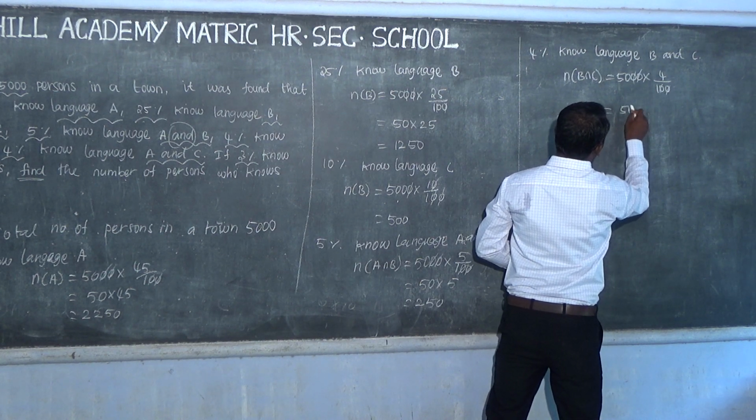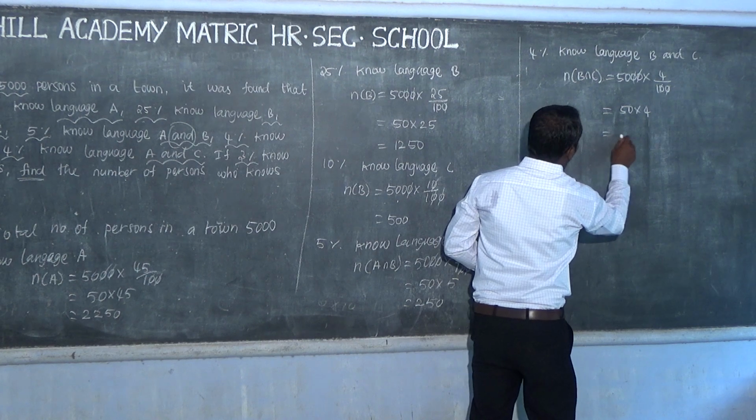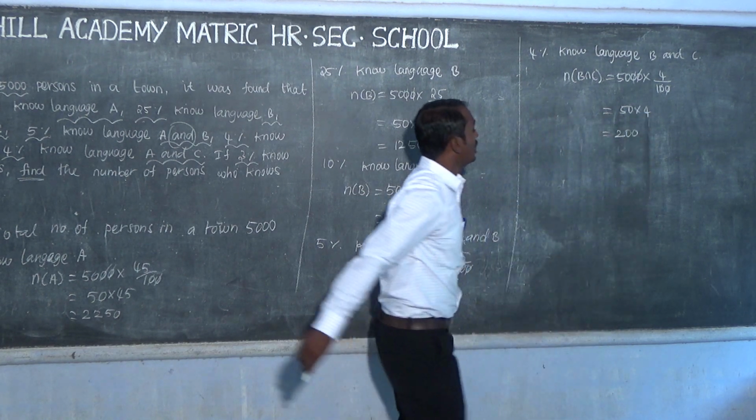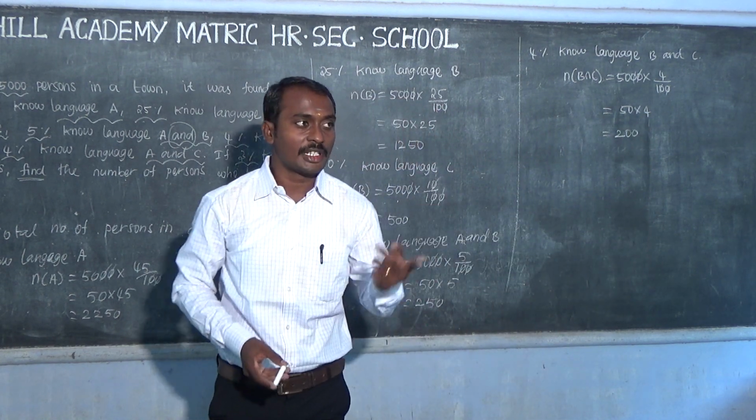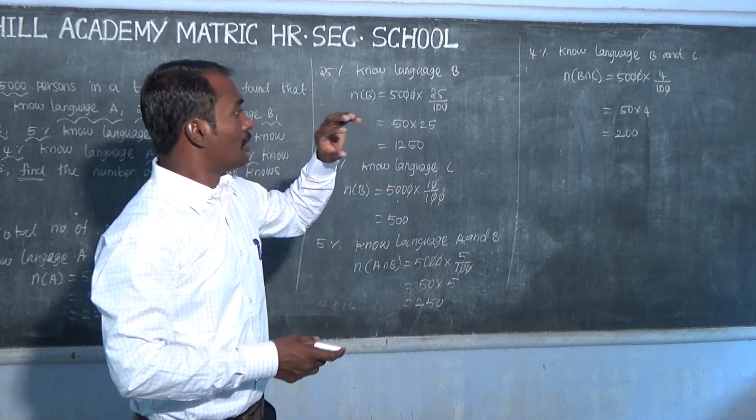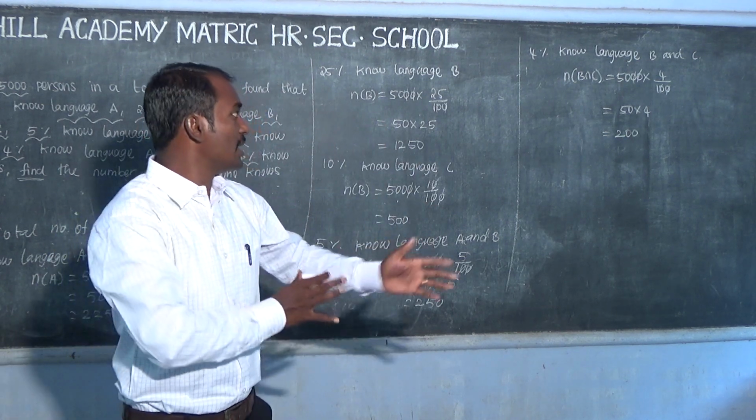Cancel, 50 into 4 is equal to 200. That means 200 persons know the B language and C language.